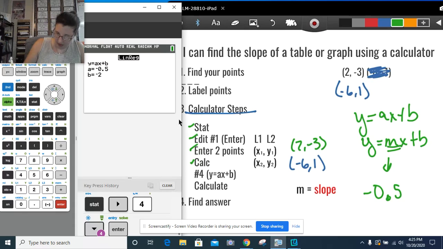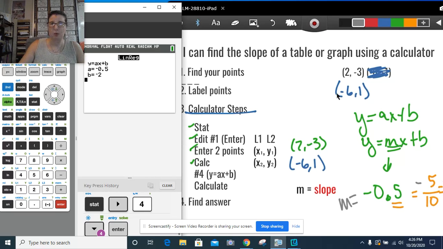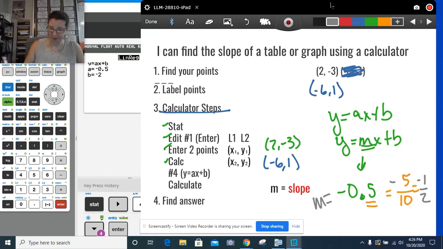Well, I can reduce that fraction down to 1/2. So my M is actually equal to -1/2.